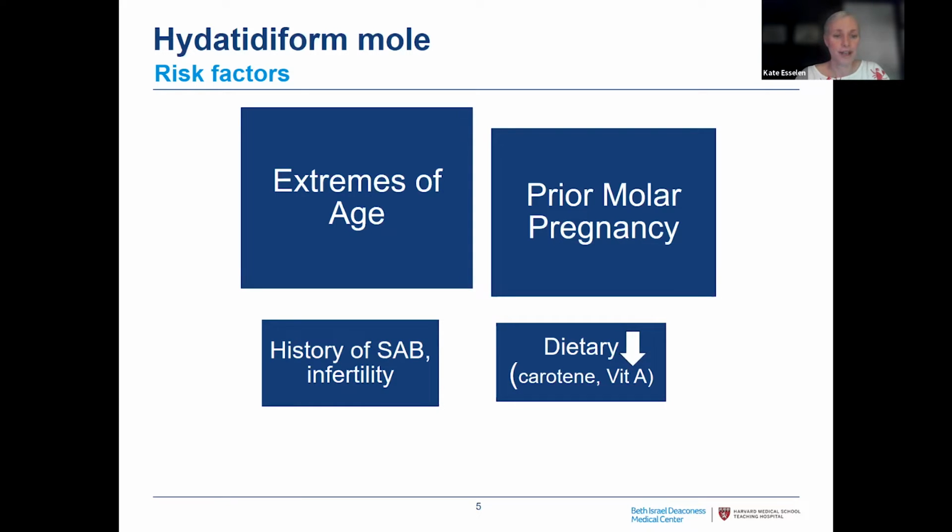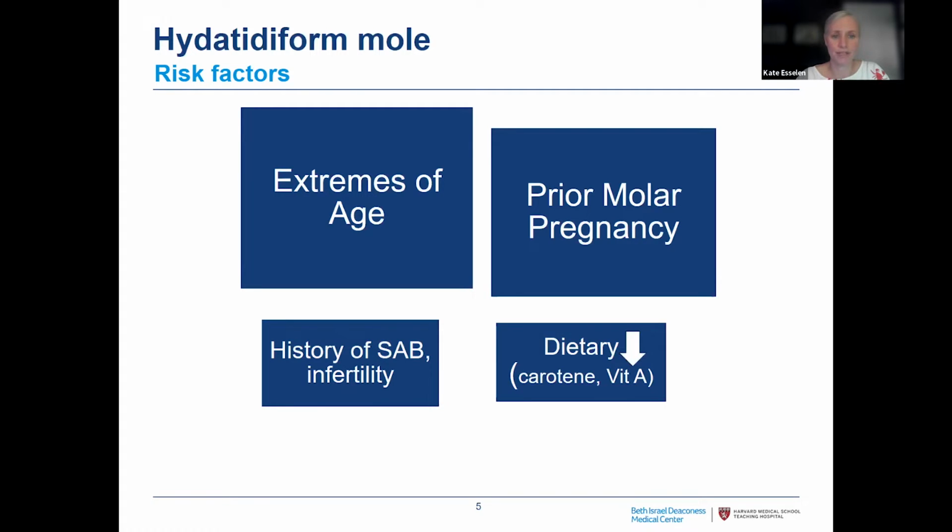Other risk factors commonly cited that I can even remember learning about in medical school, history of infertility or multiple prior miscarriages certainly increases your risk, maybe 2 or 3-fold compared to somebody who hasn't had these prior pregnancy histories. Other thoughts are that there may be some dietary influences, particularly patients who have decreased intake of carotene or vitamin A may be at higher risk for molar pregnancy.